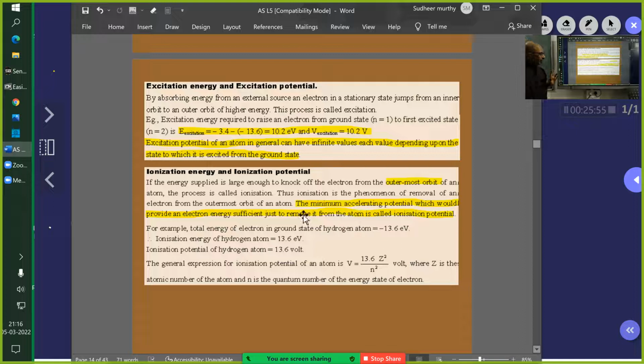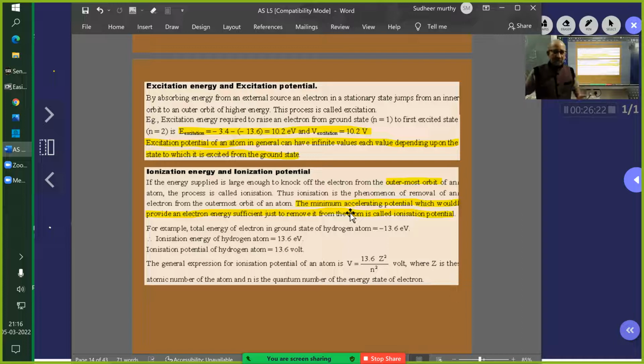Why I highlighted this is because of these words, the minimum accelerating potential. Yesterday I showed you one negative plate and one positive plate connected to a battery. You provide the potential difference between these two plates, and if you keep an electron here and this is a positive plate, then due to the electric field this electron keeps on accelerating.